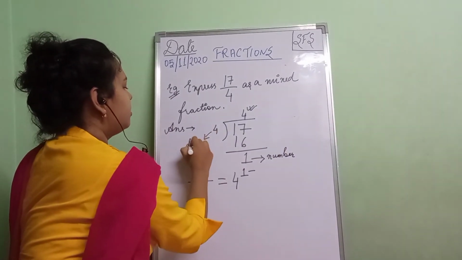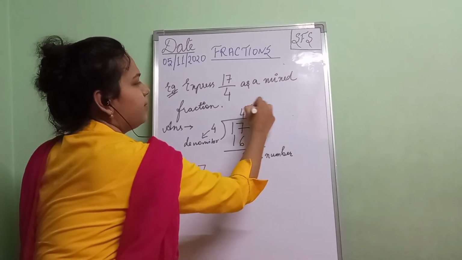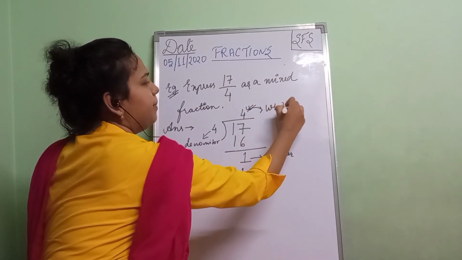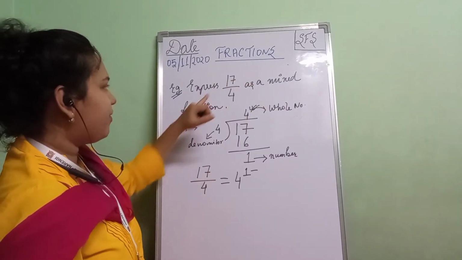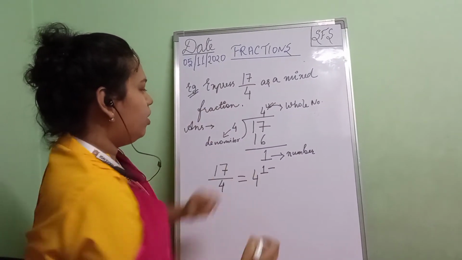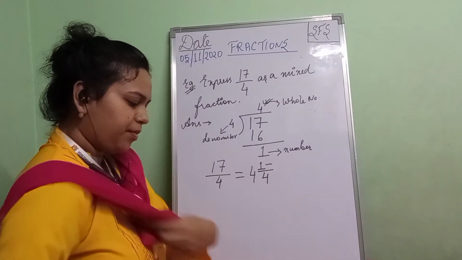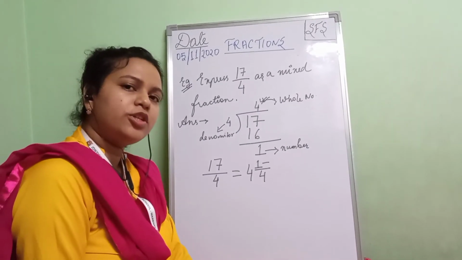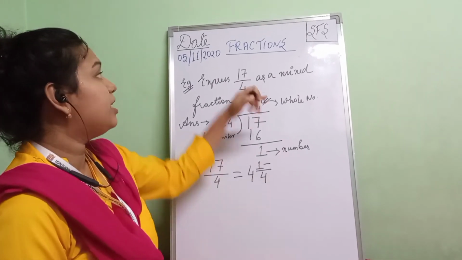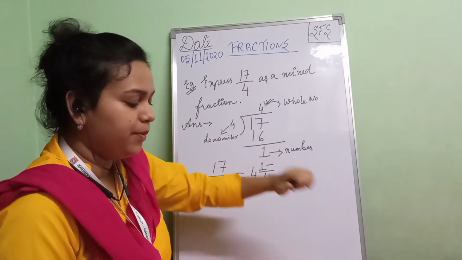This is your denominator. And the 4 is your whole number of the mixed fraction. So 17 by 4 can be written as 4 and 1 by 4. Okay. Is it clear, children? I hope you can write an improper fraction as a mixed fraction now.